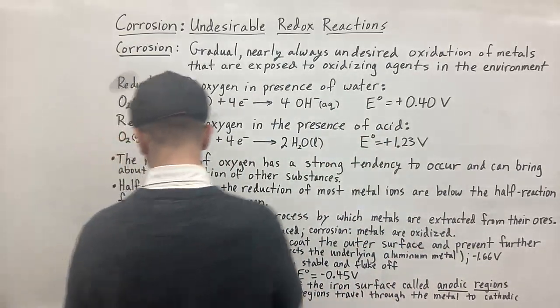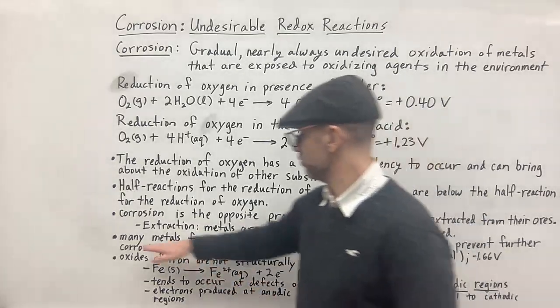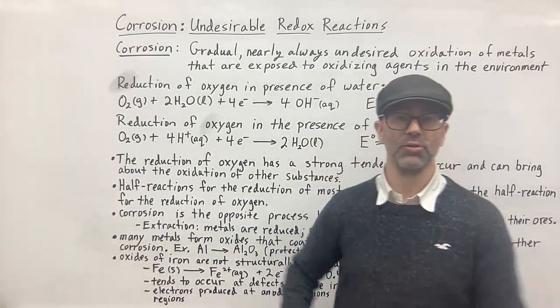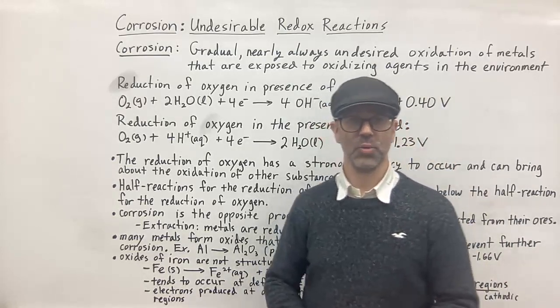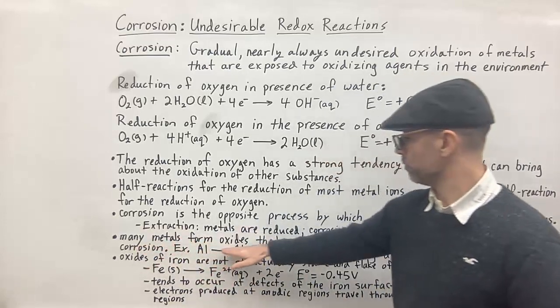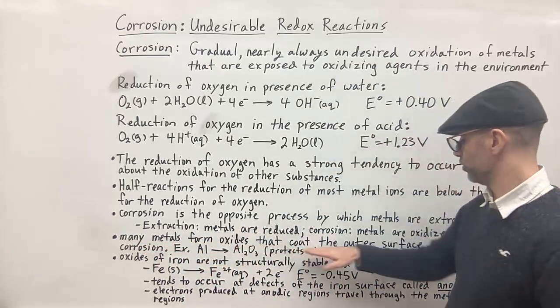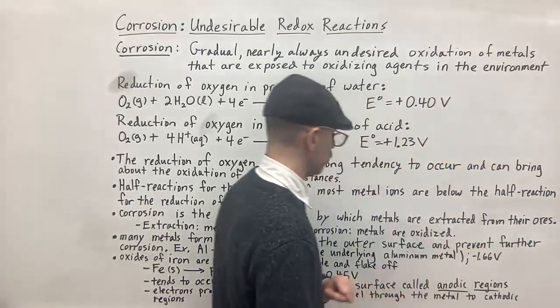Many of the metals are going to form oxides. This gets to the question of why we use metals in the first place if they're going to undergo corrosion so easily. One answer is that many metals form oxides that coat the outer surface and prevent further corrosion.